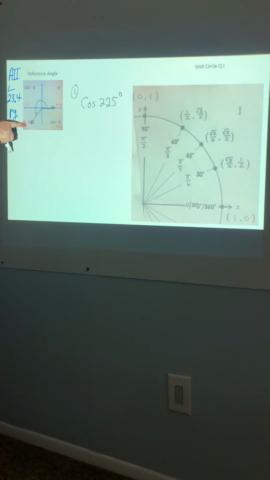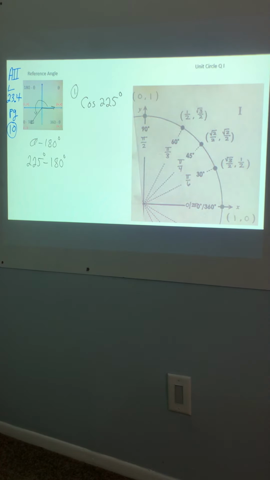Quadrant 3's formula says take your theta and subtract 180. This is 90, this is 180, this is 270, so your 225 lands in quadrant 3. So you go 225 degrees minus 180, and that gives you the reference angle.